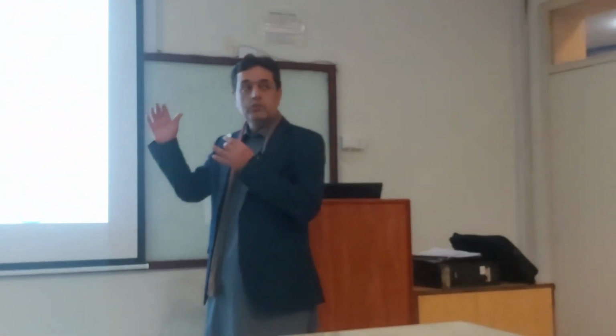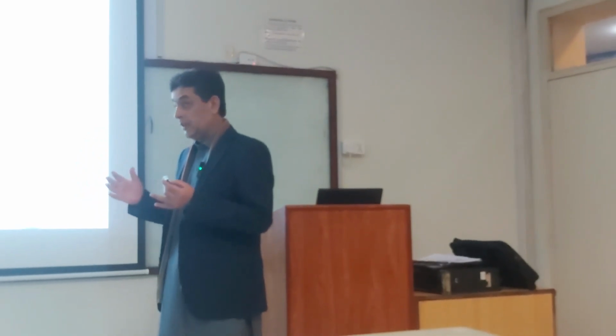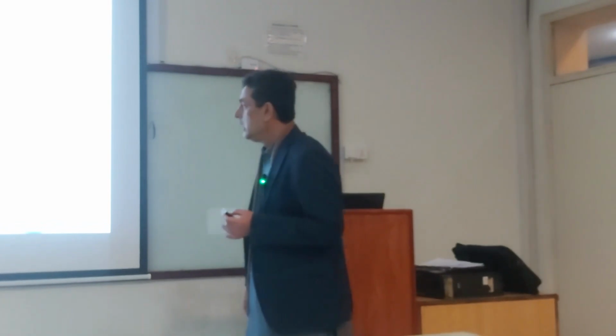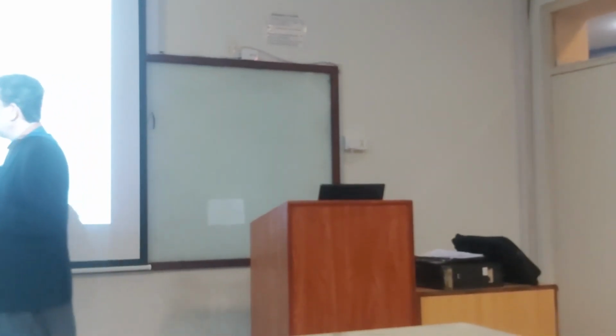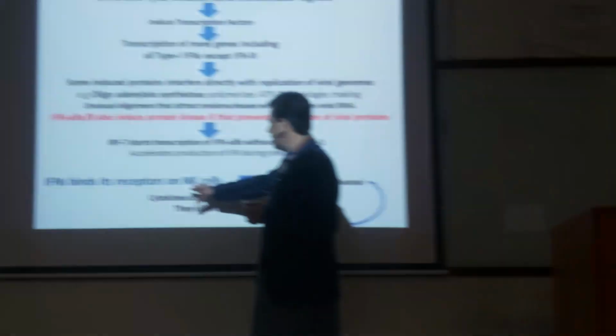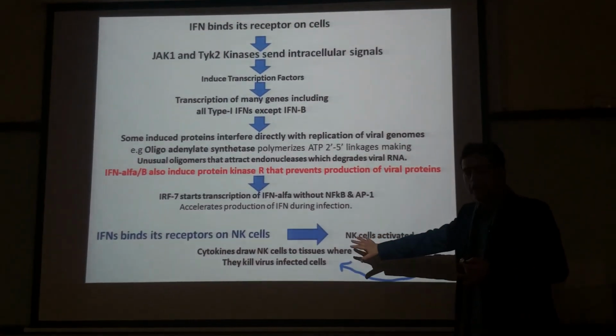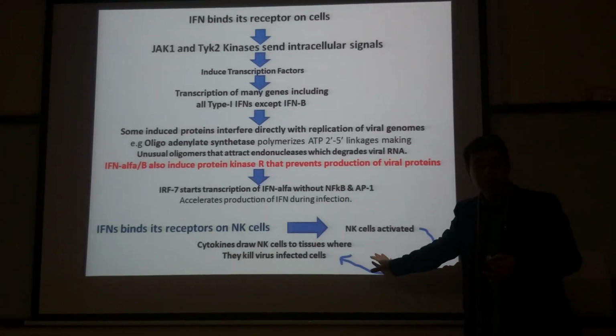All of them should have interferon receptors on their surfaces. Otherwise, interferons cannot influence those cells. So natural killer cells also have receptors for interferons. And when interferons bind to these receptors, the natural killer cells are activated.